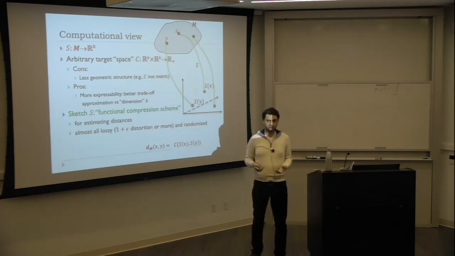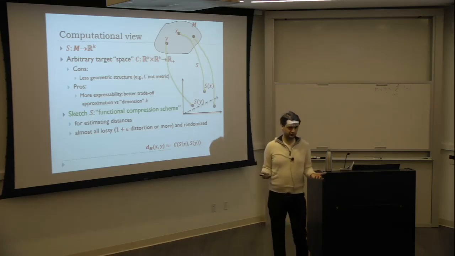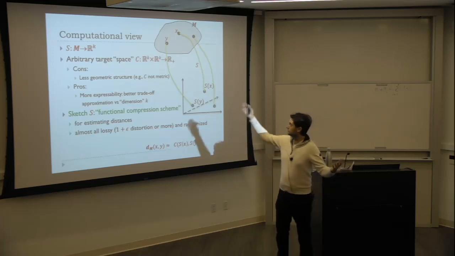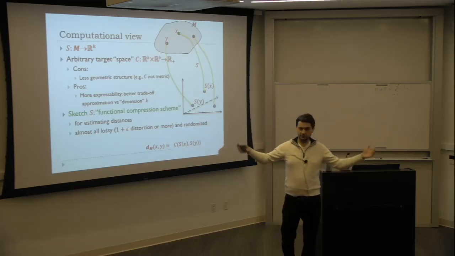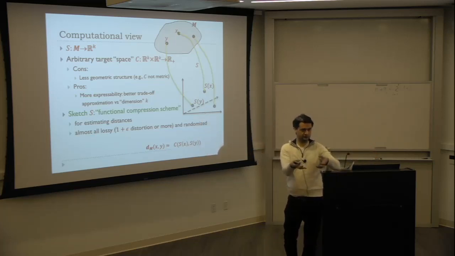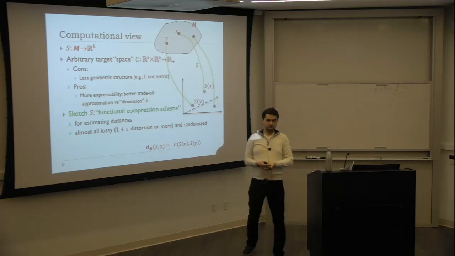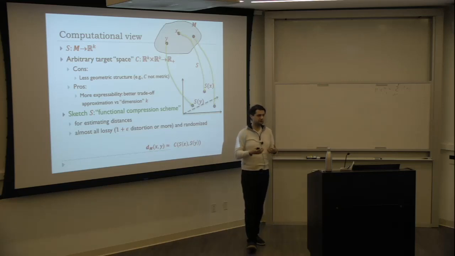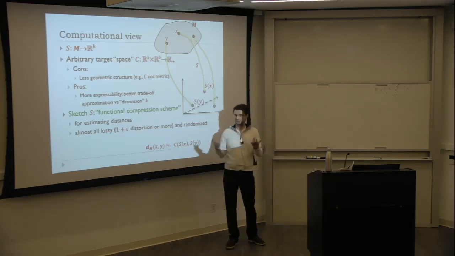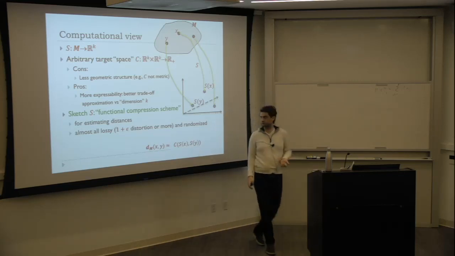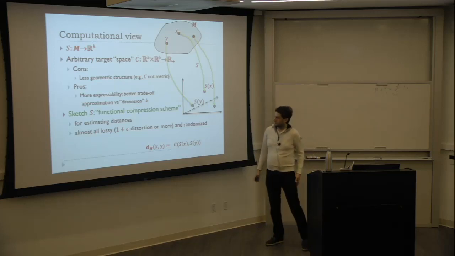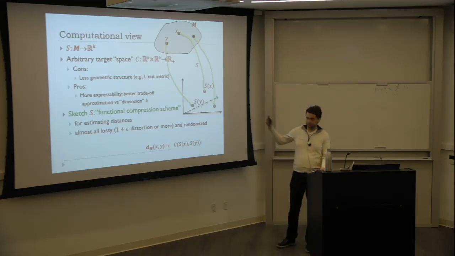It is a functional compression scheme that takes points in this M, which we think about as a high-dimensional space, and produces these compressions, sketches, really, designed specifically for the purpose of computing distances between different points. And again, it will be lossy and randomized, with the caveat that we started with yesterday.